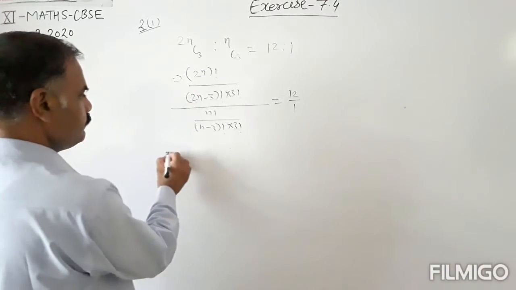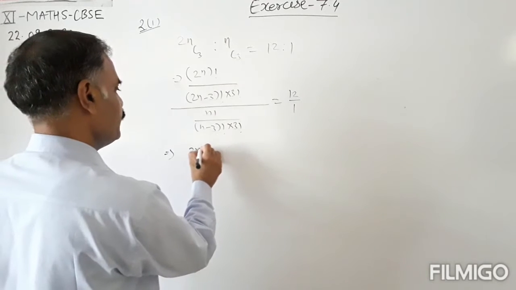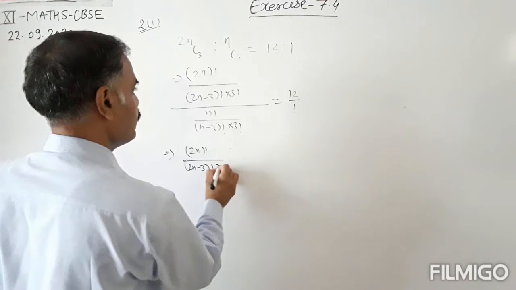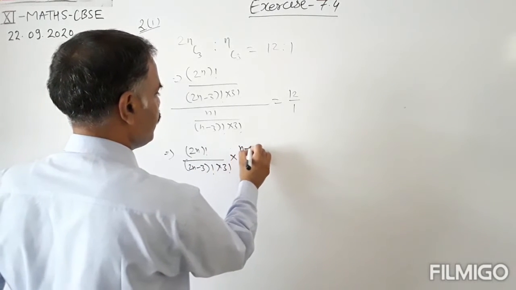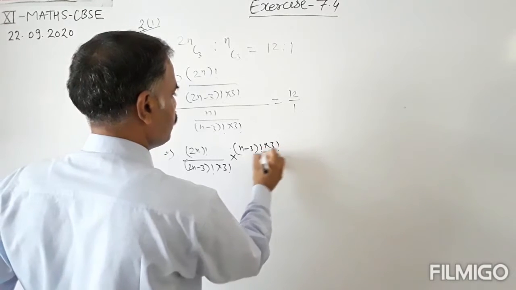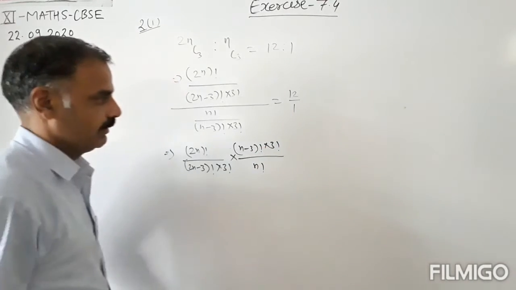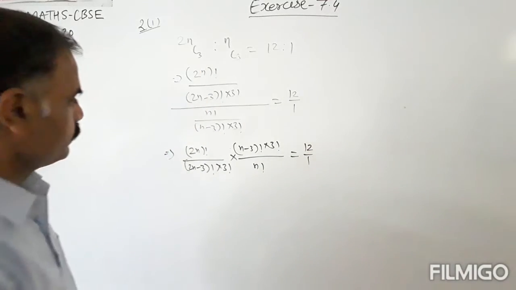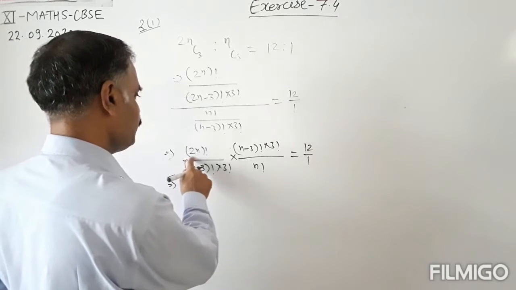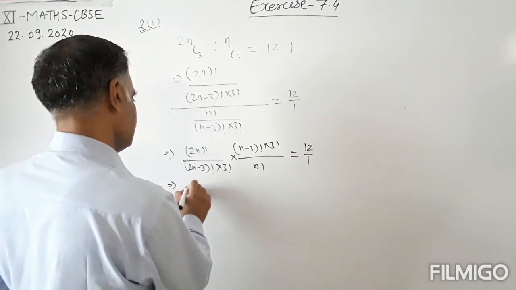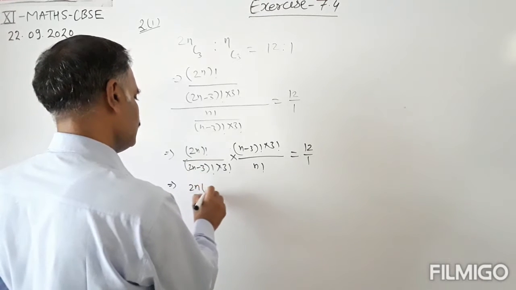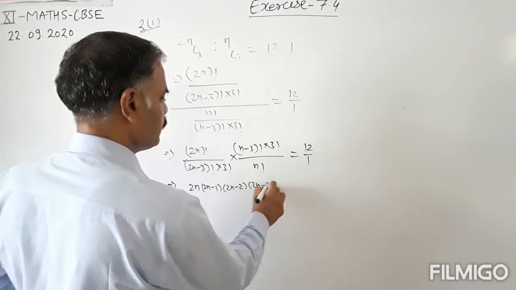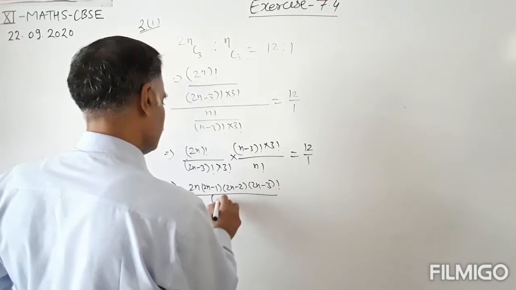Now solving this, 2n factorial divided by (2n minus 3) factorial into 3 factorial, into (n minus 3) factorial into 3 factorial divided by n factorial, equals 12 upon 1. Now 2n factorial will expand as 2n into (2n minus 1) into (2n minus 2) into (2n minus 3) factorial.